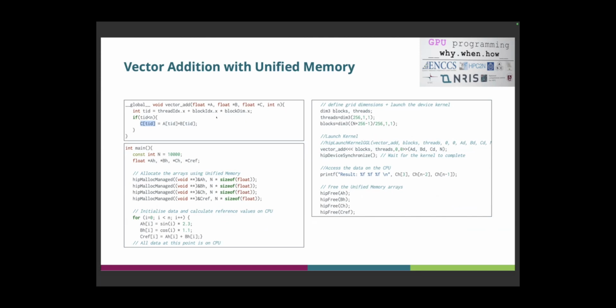So internally, it will trigger a page fault, and this will trigger the migration. That's my understanding of how this goes under the hood. So it's only at the time when you start to launch this kernel.